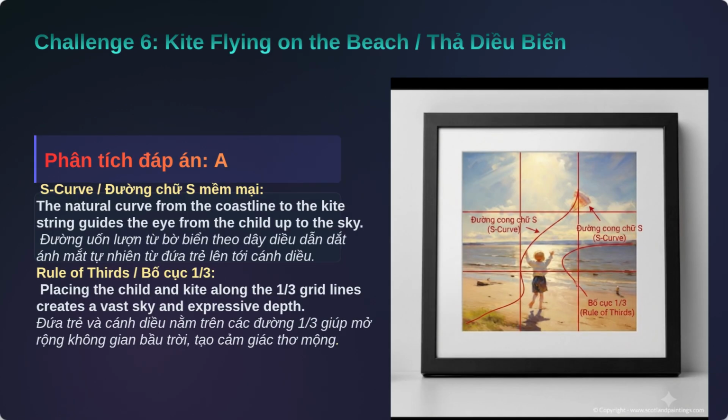The natural curve from the coastline to the kite string guides the eye from the child up to the sky. Rule of thirds: placing the child and kite along the one-third grid lines creates a vast sky and expressive depth.